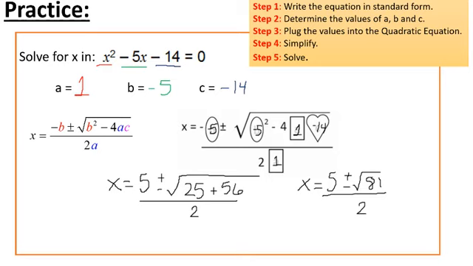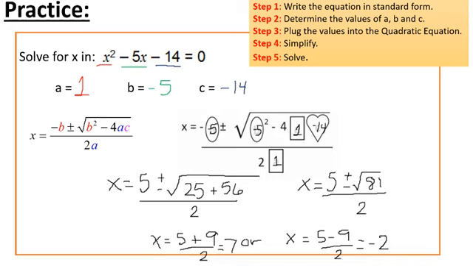So this turns into x equals 5 plus 9 all over 2, or x equals 5 minus 9 over 2. And you should notice we can now simplify that even one step further. 5 plus 9 is 14 divided by 2. So this gives us 7, or 5 minus 9, which is negative 4, divided by 2 would be negative 2. So my two solutions are x equals 7 or x equals negative 2.